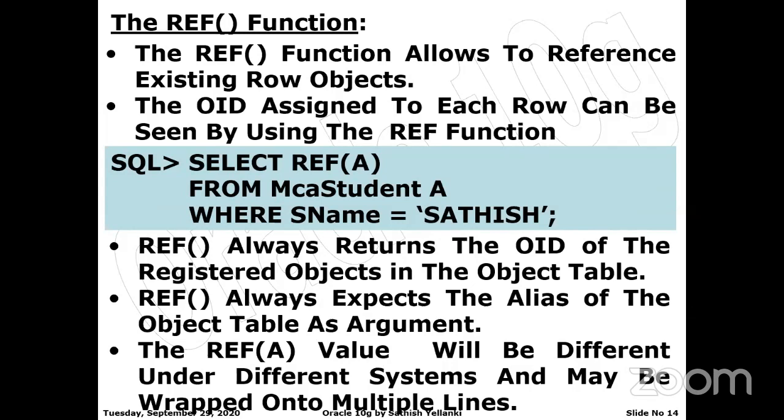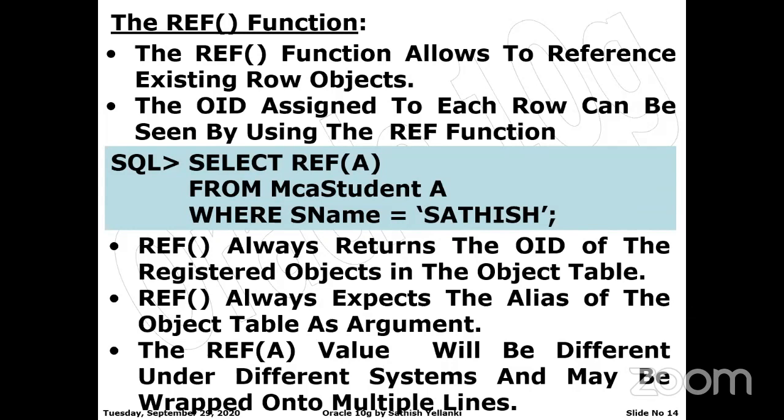The ref function allows you to reference the existing rows stored within your object tables in the Oracle database. Whenever you execute it, it gets you the individual object ID that has been assigned for every object record stored in your Oracle object tables. Am I clear with you? I'm very specific in my words.